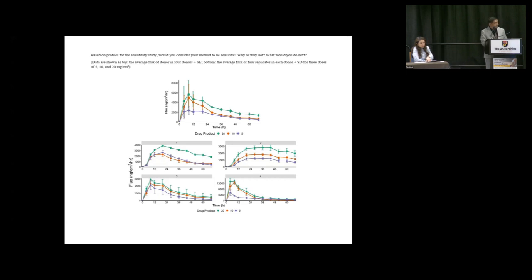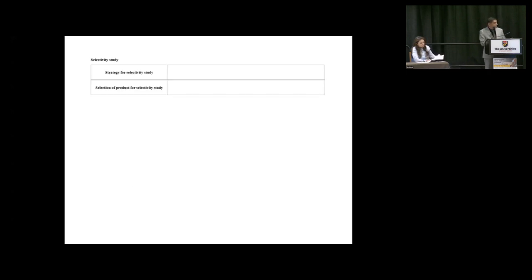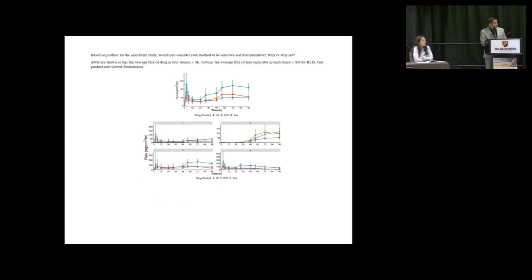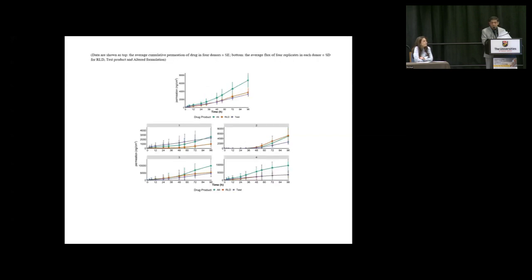The next data set was the selectivity. If you can see the data here, we are not observing sufficient selectivity or a discriminatory flux profile from the altered dose compared to the control dose. In order to obtain an acceptable selective flux profile, we can change the product matrix.